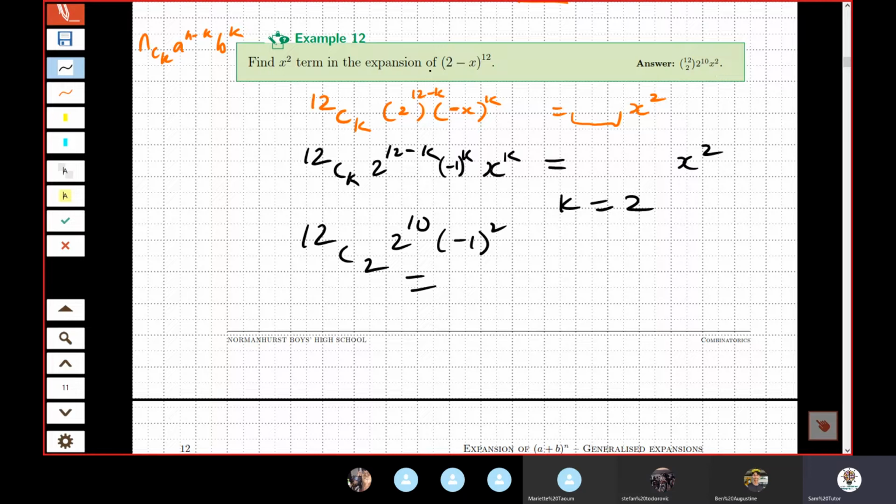Find x squared term in the expansion. That should give you 12 choose 2, 2 to the power of 10. This does say the term, so you're going to have x squared still, I guess. If it said coefficient, then you're just looking at the number in front. Again, you can leave it like that. You can write the biggest number you want. It's up to you. Let's go again.